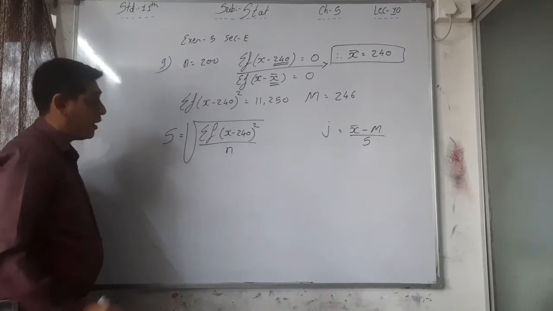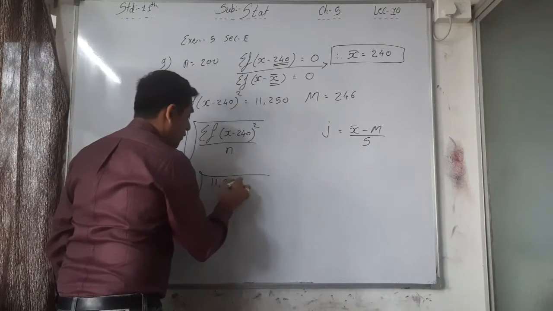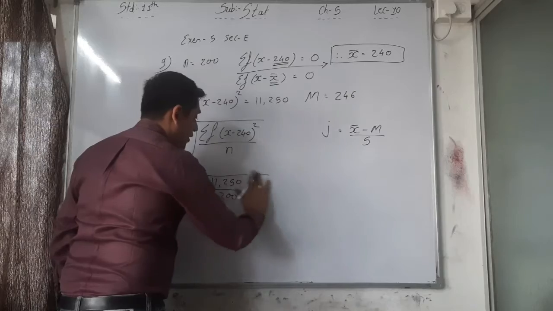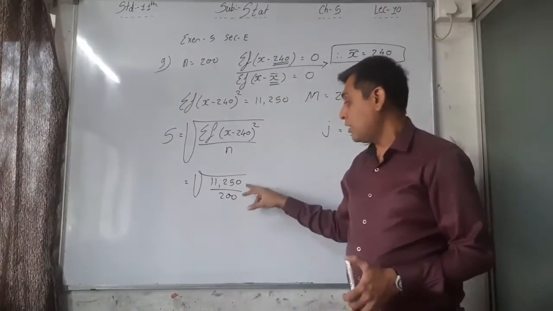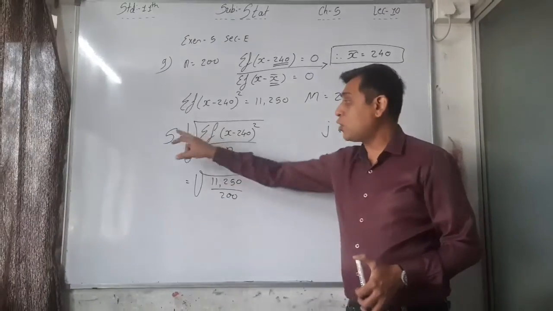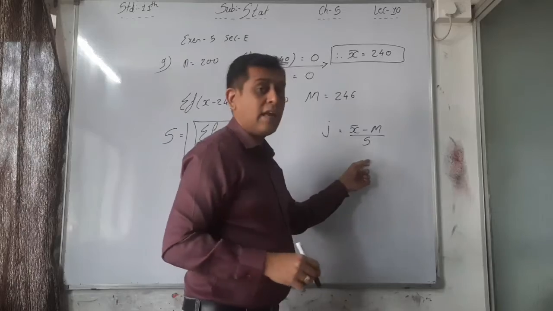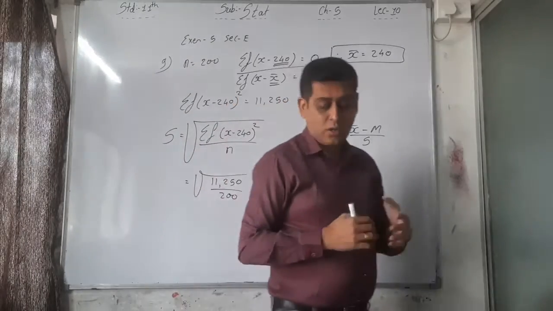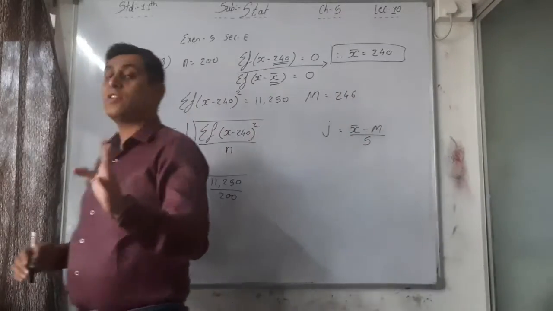This is the formula. On the basis of this, 11,250 divided by 200. Now simplify it and find out the value of S: divide, then square root, that is your value of S. Now you have X bar, then M, and then S. Now you can find out the coefficient of skewness by using Karl-Pearson's method.